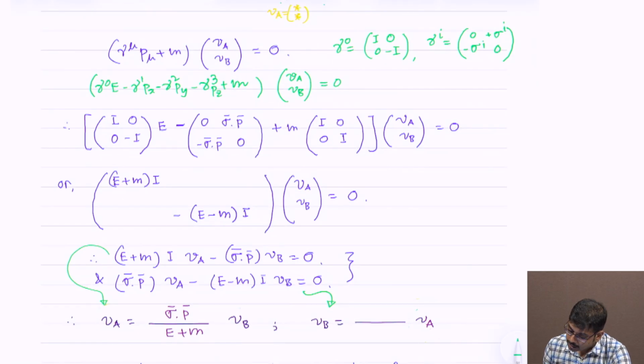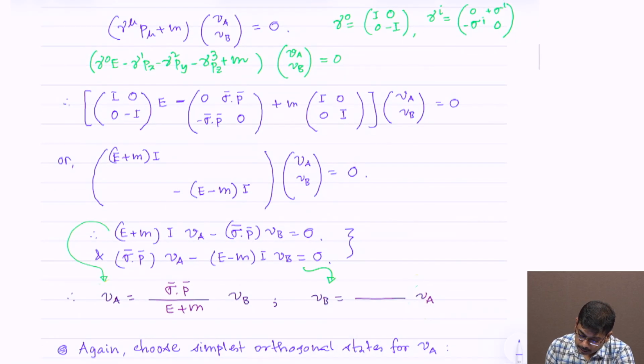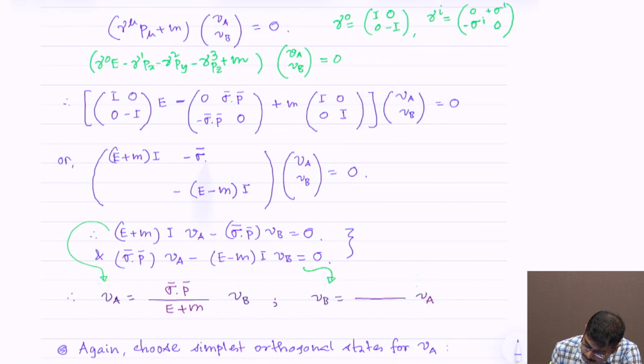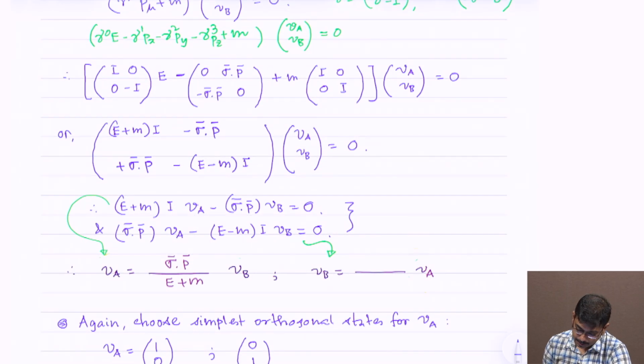Now if you rearrange all these terms and put them together, this will be E plus m I, this part will be minus sigma dot p, and this term is plus sigma dot p, minus of (E minus m) I, acting on (vA vB) equal to 0.